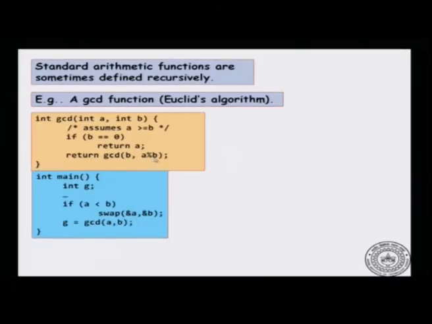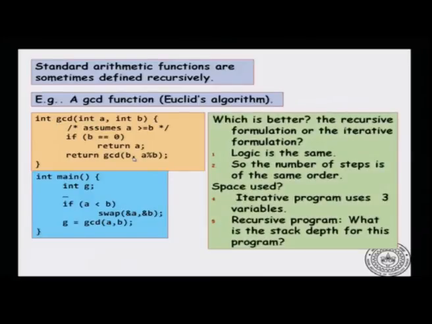In the iterative routine, remember we had to use an intermediate variable which will store the value of, let us say, A, and then did a careful three-way exchange in order to accomplish B comma A modulo B. Here the code is very simple. If B is 0, then we know that GCD of A comma B is A. If B is non-zero, then we know that GCD of A comma B is GCD of B comma A modulo B. So, it is a very concise way of writing the function.